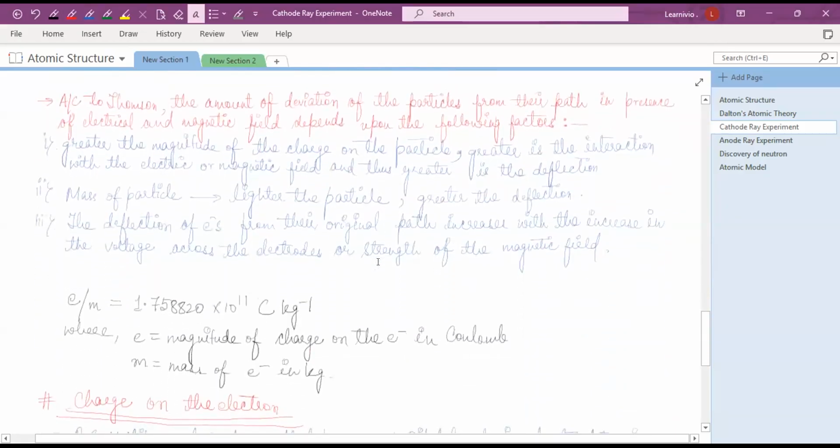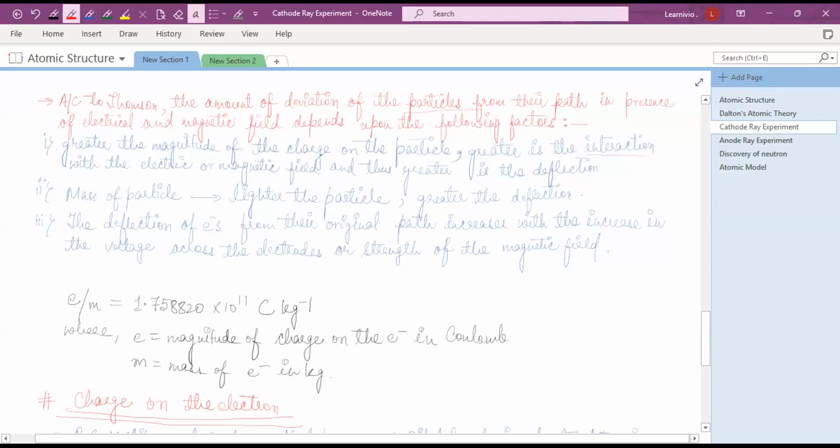Now see, according to Thomson, what happens? The amount of deviation of the particles from their path in presence of electrical as well as magnetic field depends on these factors. Now, what are these factors? If the magnitude of charge of the particle is greater, then greater is the interaction with the electrical or magnetic field, right?